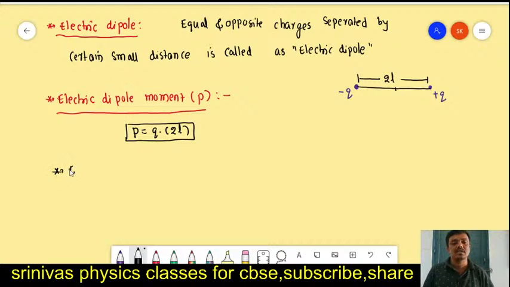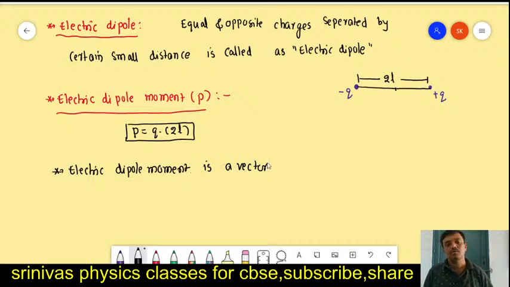Electric dipole moment is a vector, which means it should have some direction. What is its direction? Its direction is from minus q to plus q. Remember it.